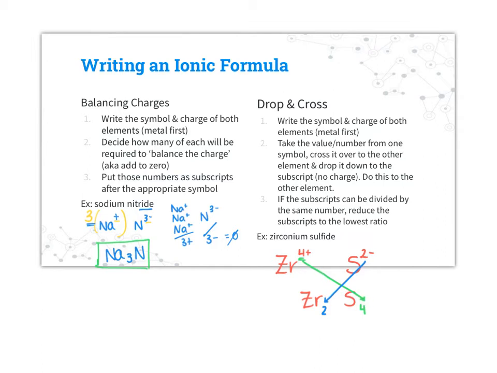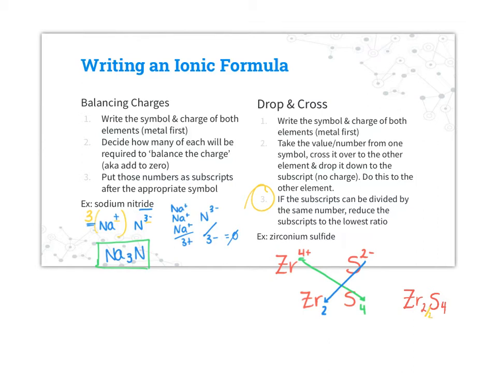All right, so I would want to rewrite this because this looks messy as a formula. I would want to write Zr2S4. Now the problem is we need to take a look at step 3. If the subscripts can be divided by the same number, we're going to reduce them. So Zr has a subscript of 2 and S has a subscript of 4.